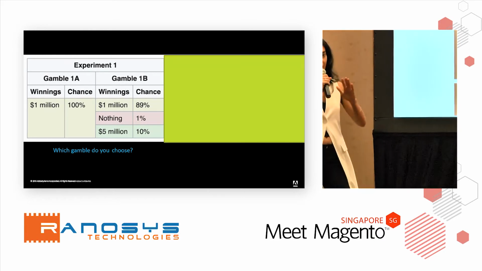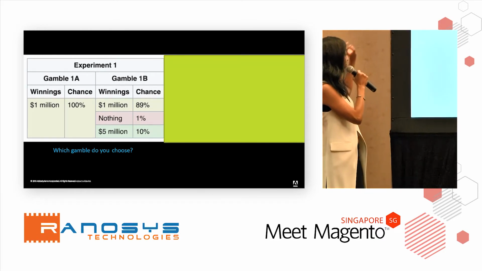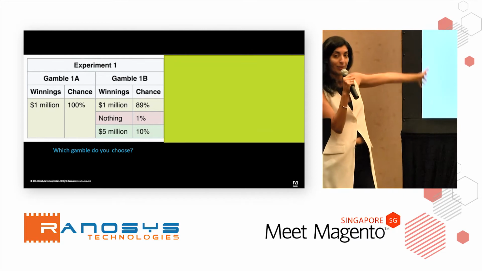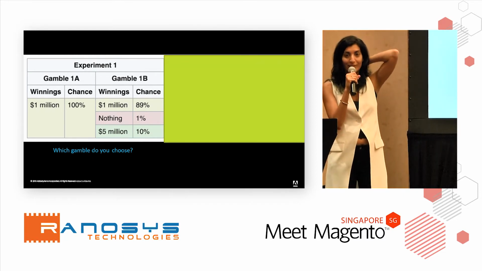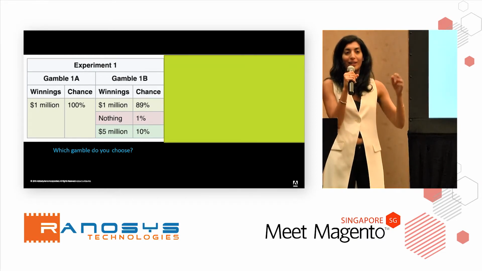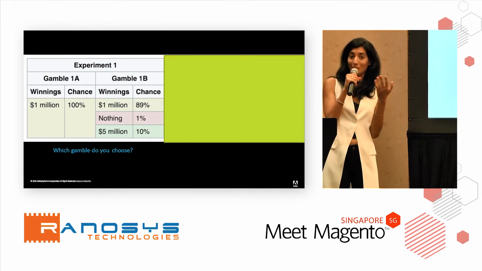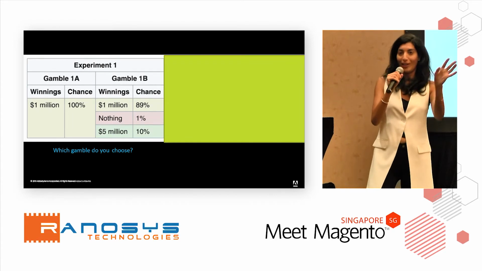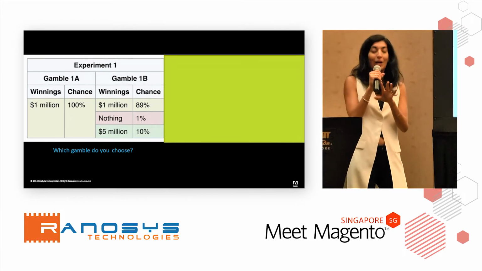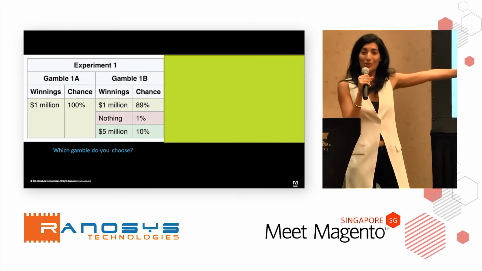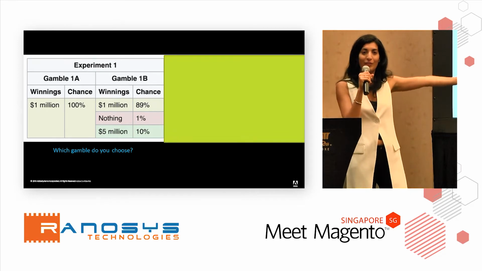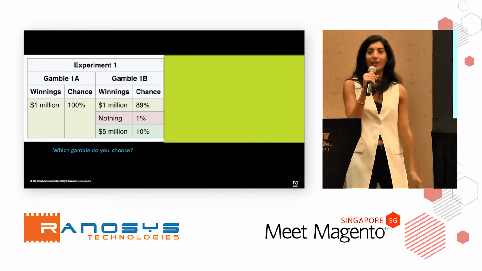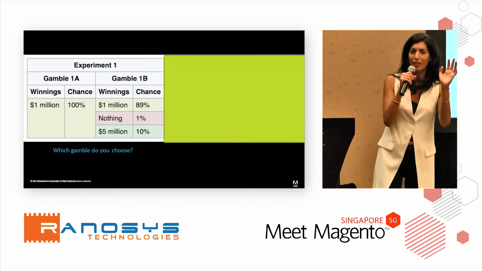I want a show of hands. Who prefers to gamble using gambling strategy A? Raise your hands. Okay. Don't be shy. And who prefers strategy B? Raise your hands. Okay, great. Who prefers strategy A? Just show me again.